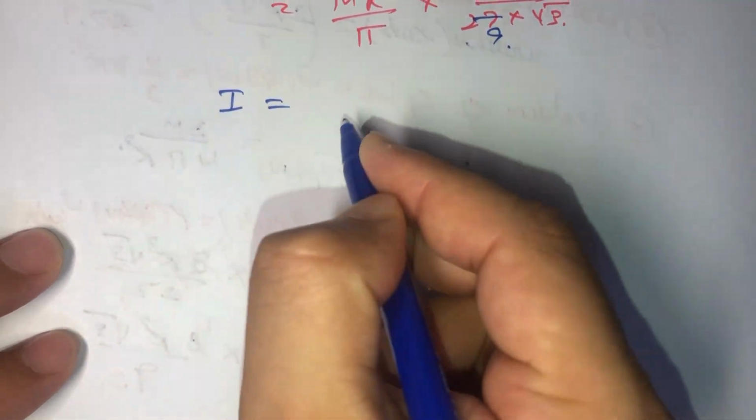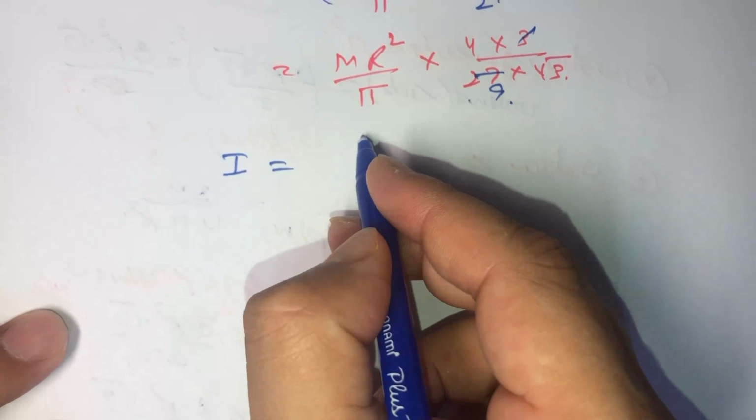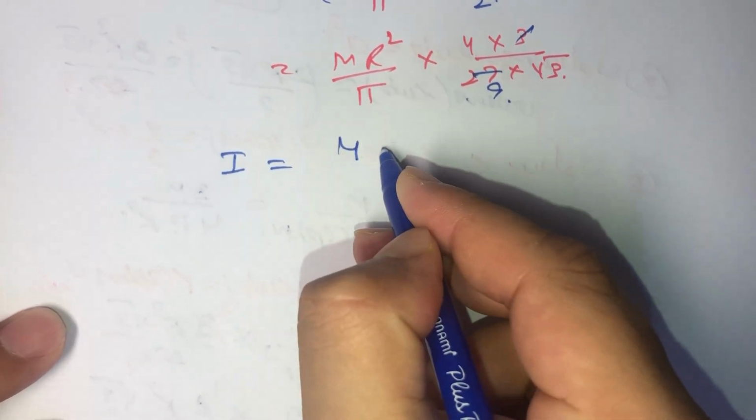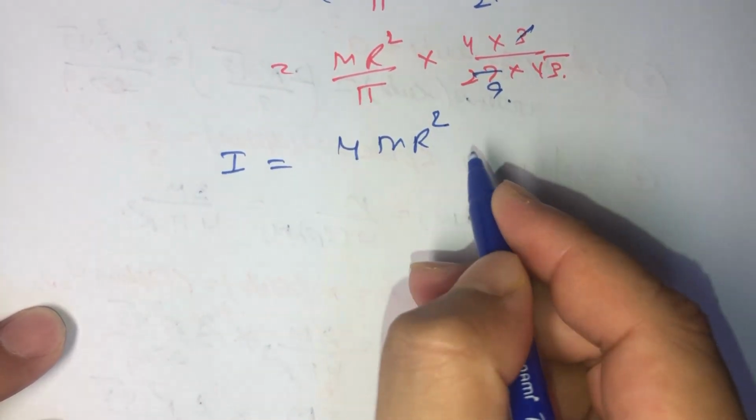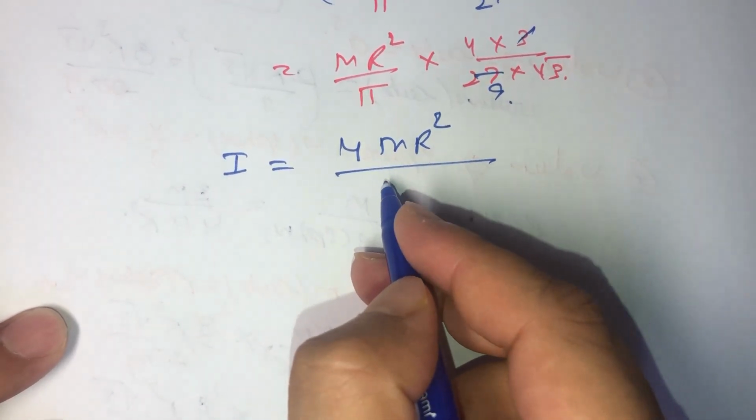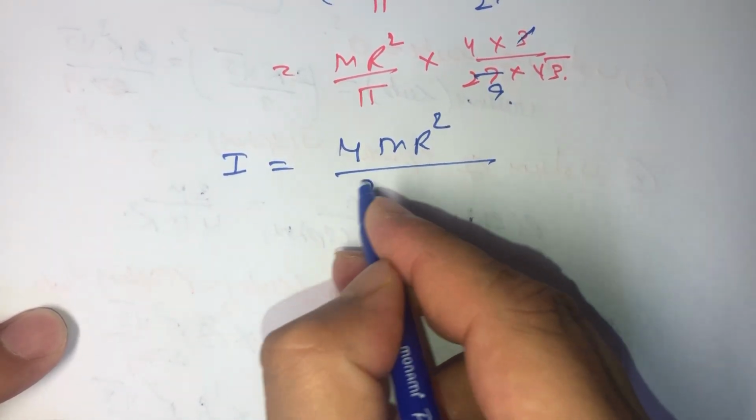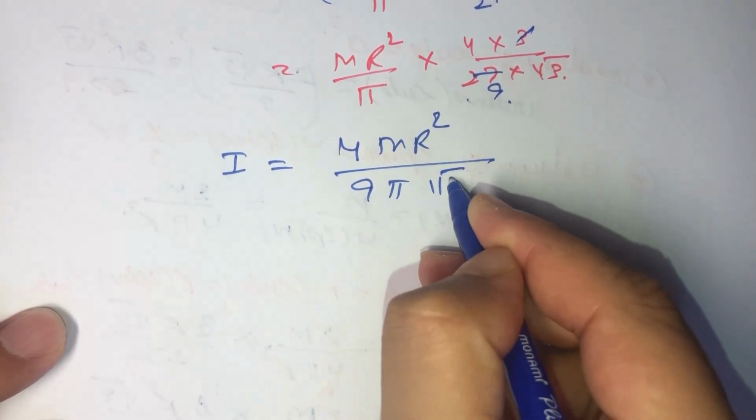So finally our moment of inertia I will be equal to 4 m r square divided by 9 pi root 3.